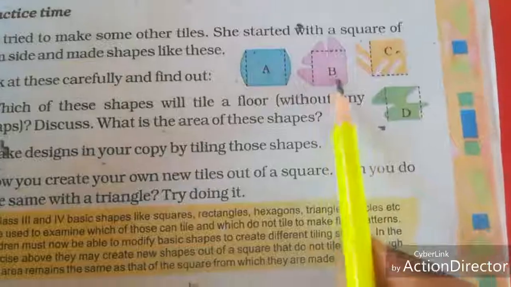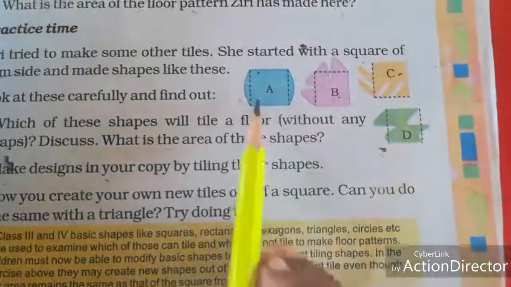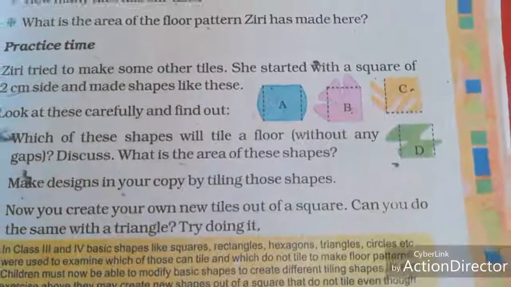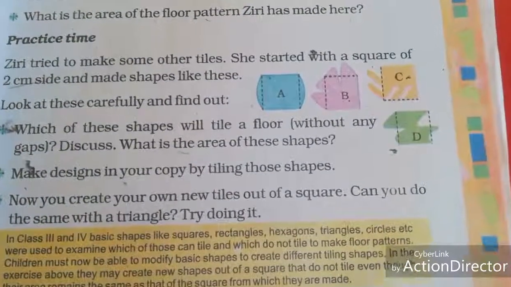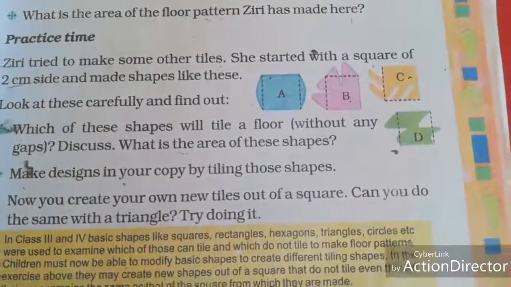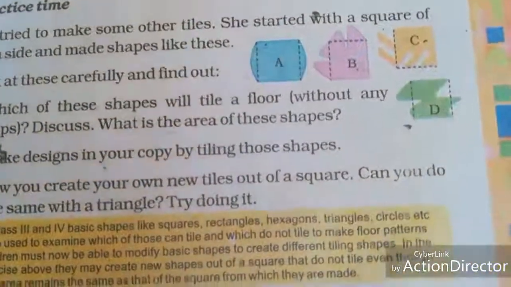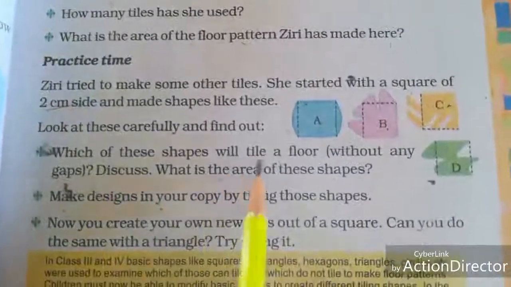We can't keep A and B. Why? Because if we keep the tile on the floor, we will get some gap. But if we keep C and D, we won't get a gap.